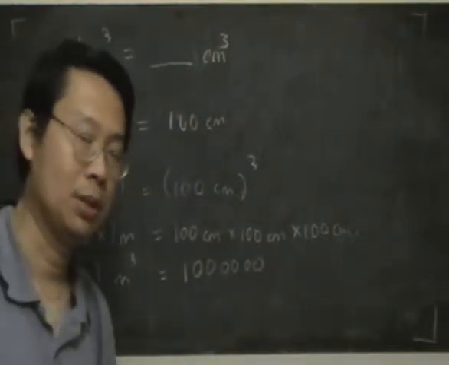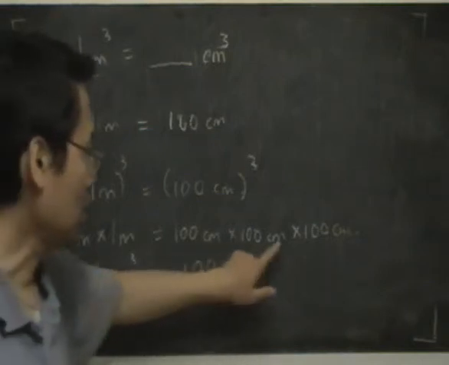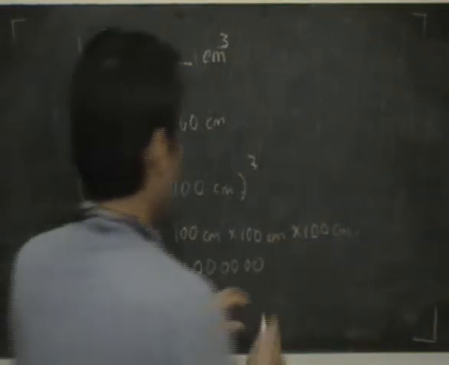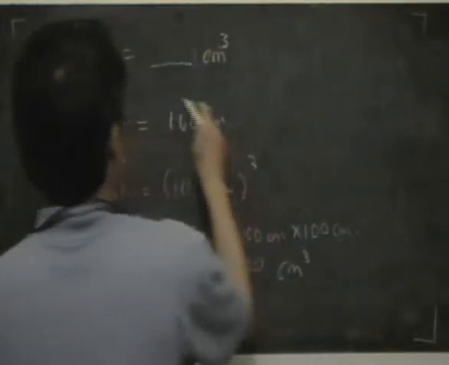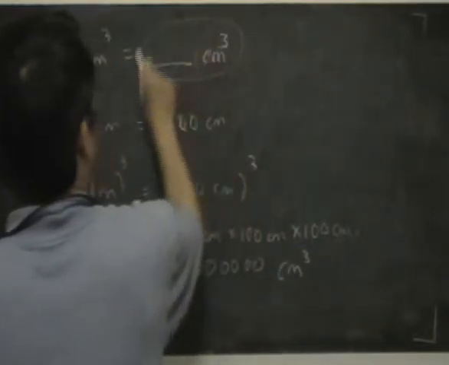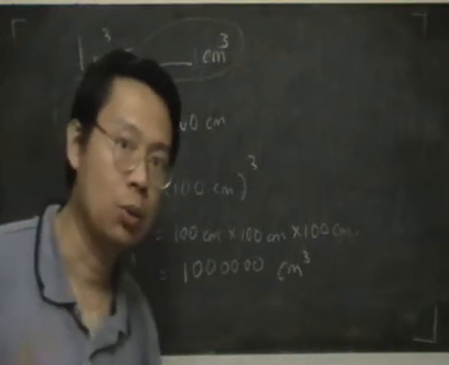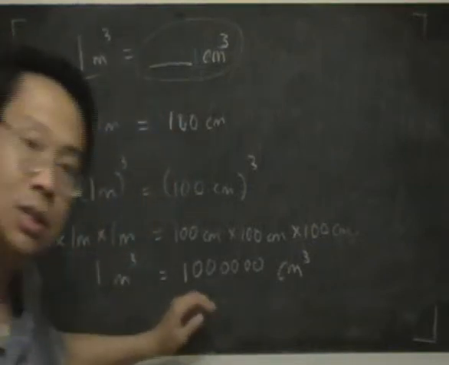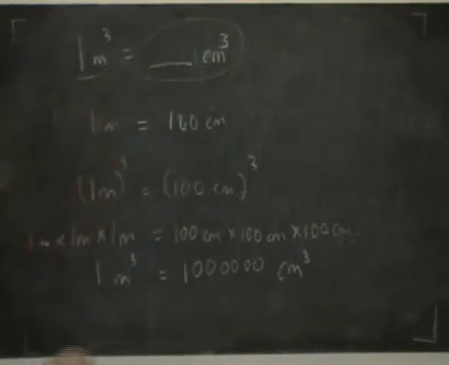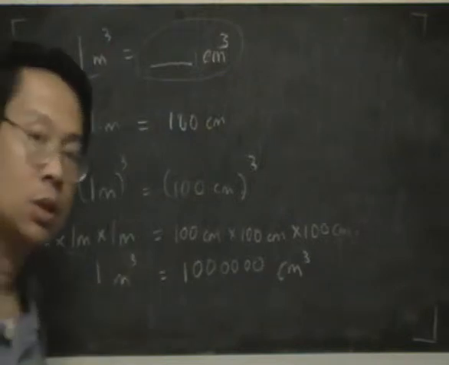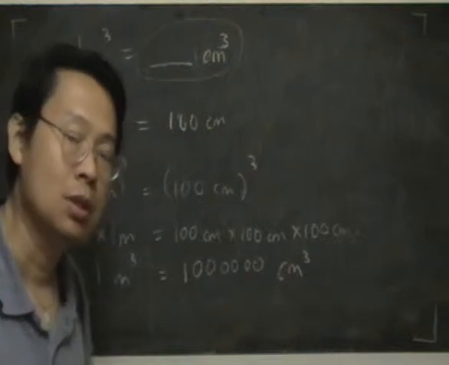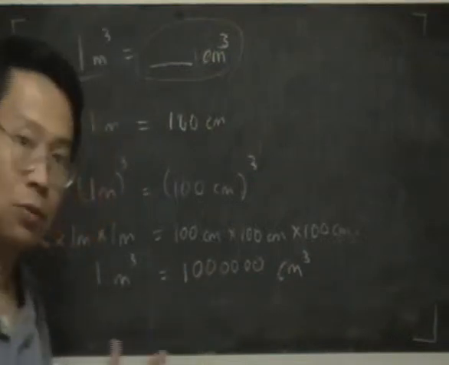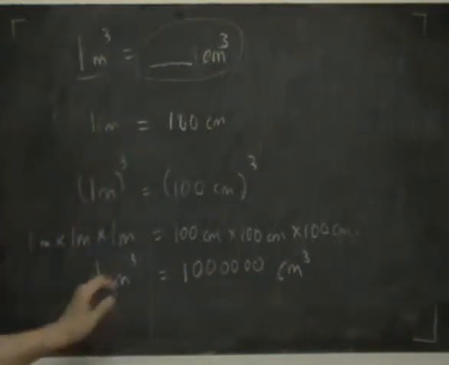That's 1 million. And the centimeter times centimeter times centimeter gives cm cubed, which is exactly what we wanted. That's the answer that we want. So 1 meter cubed is equal to 1 million centimeter cubed. So that's a lot of centimeter cubed in 1 meter cubed.